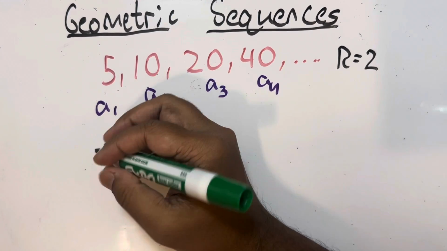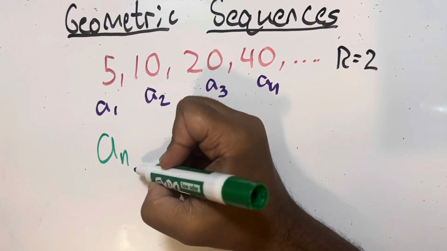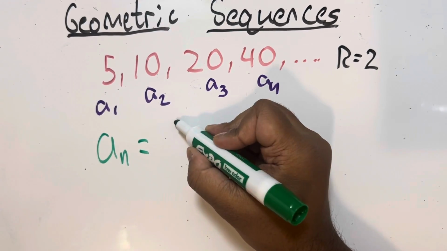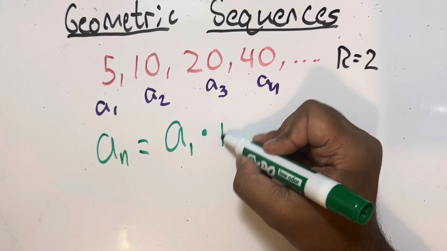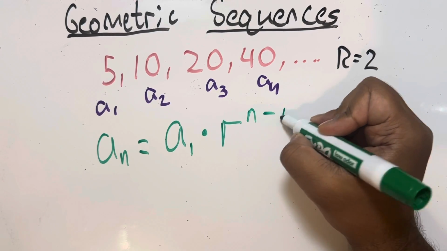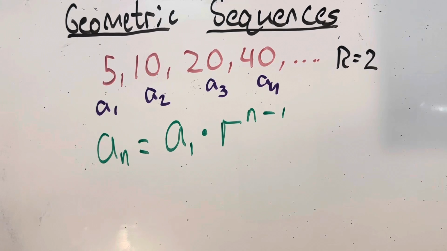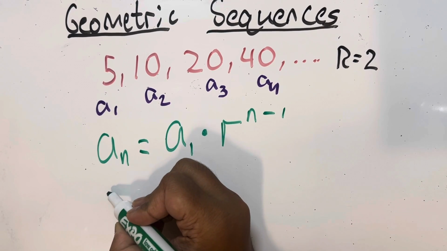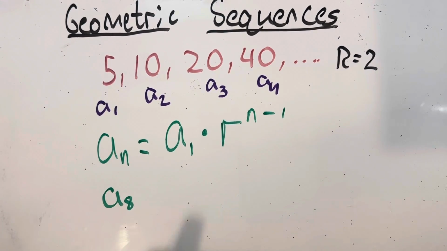And the formula to find any term n is a of n equals a of 1, which is the first term, times the ratio to the n minus 1. So for this problem, let's say I wanted to find a of 8.